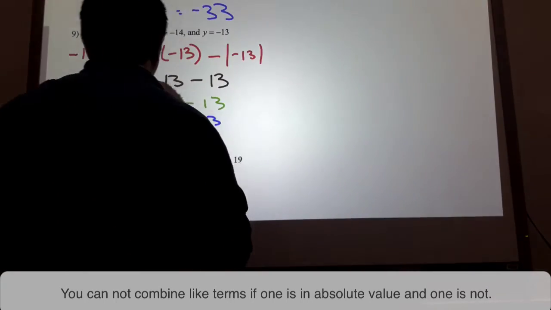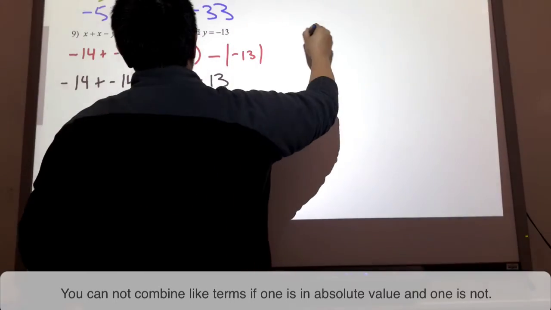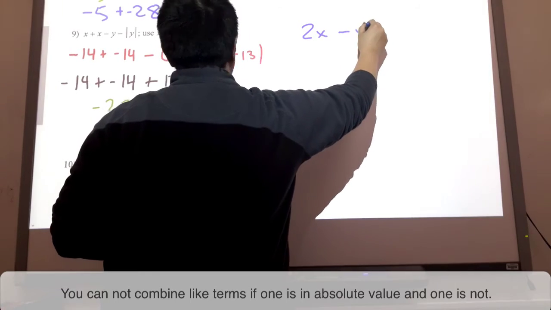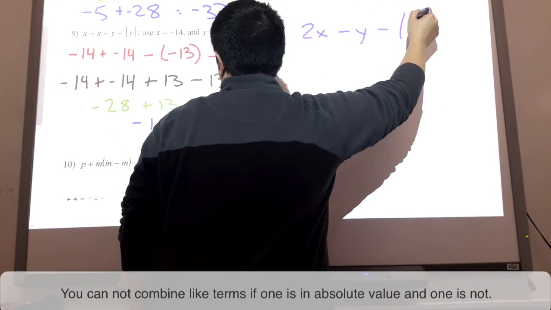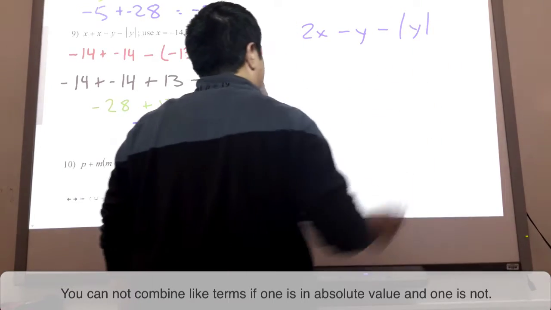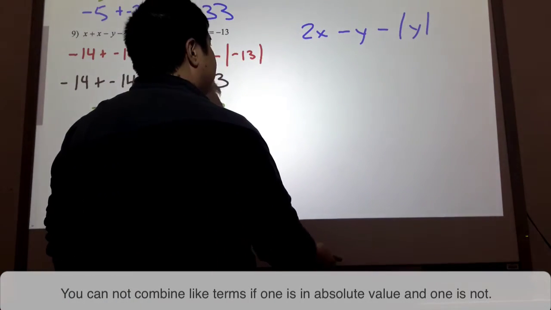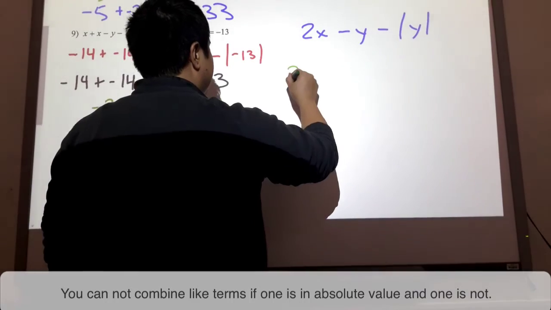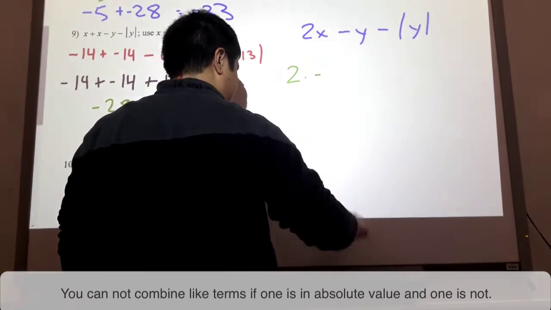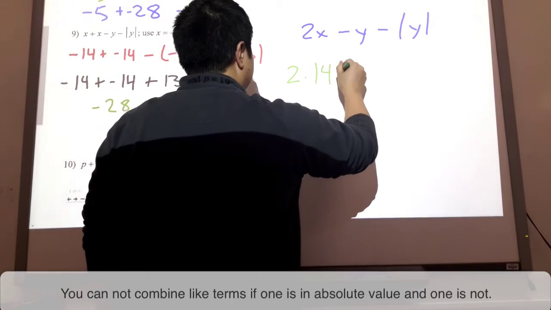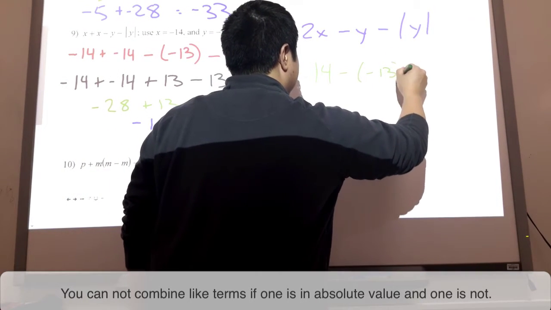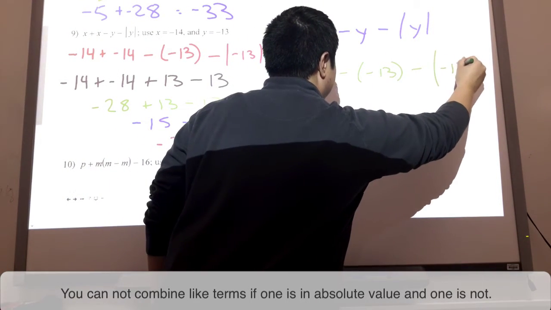So this would get us 2x minus y minus the absolute value of y. And notice how if I were to substitute, it'd still be 2 times 14 minus negative 13 minus the absolute value of negative 13.